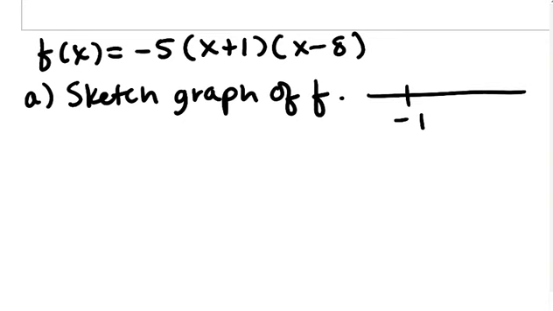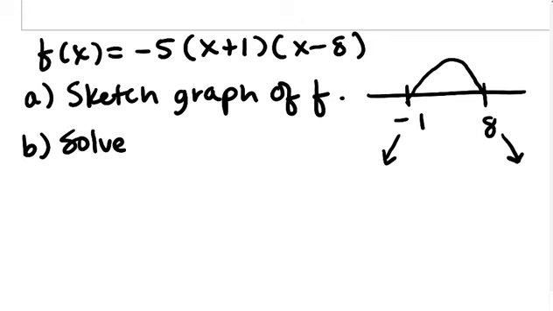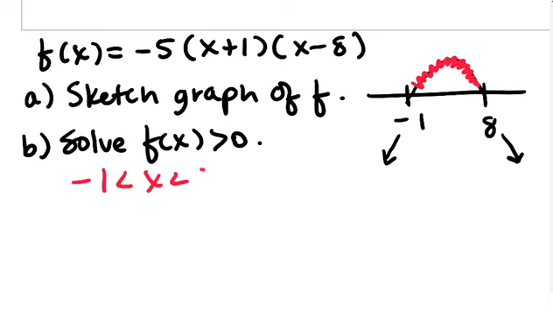That's going to have zeros at -1 and +8, and it's going to open down because of the -5. Or it might ask you to solve the inequality f of x is greater than 0. Well, greater than 0 is up through here. So that's between -1 and 8. So -1 is less than x is less than 8.